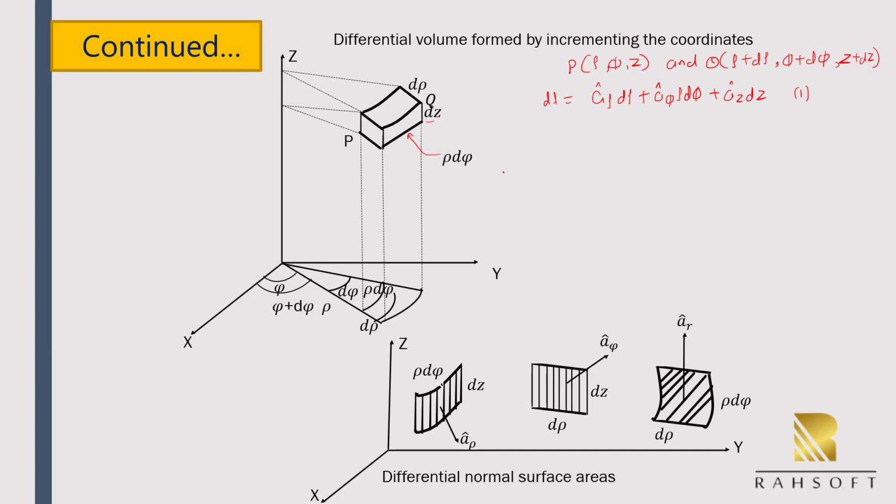And the differential areas are given as ds rho equals rho d phi dz unit vector a rho, ds phi equals d rho dz unit vector a phi, and ds z equals rho d rho d phi unit vector az.